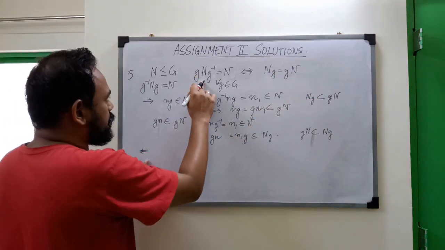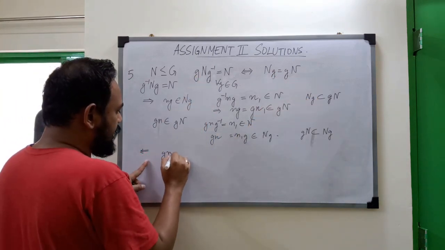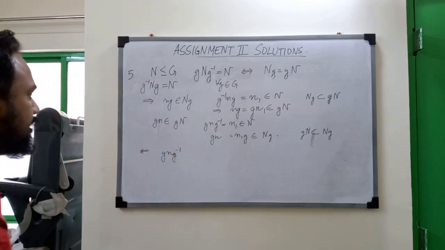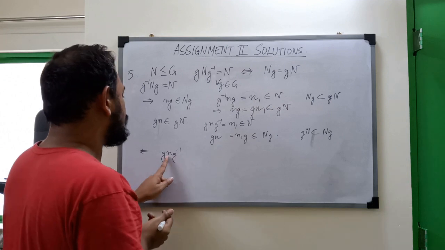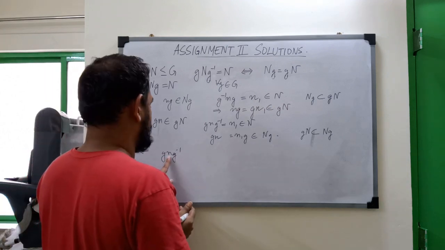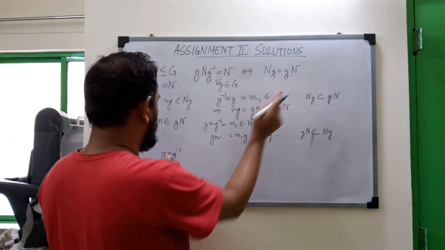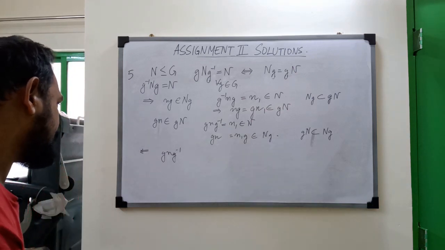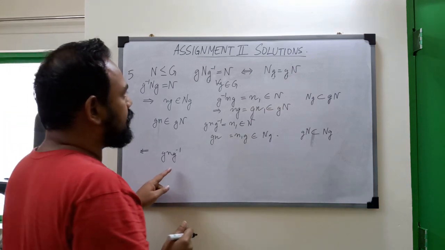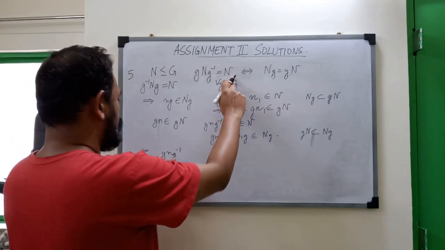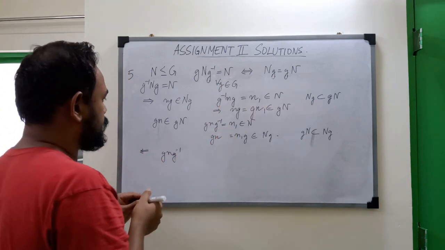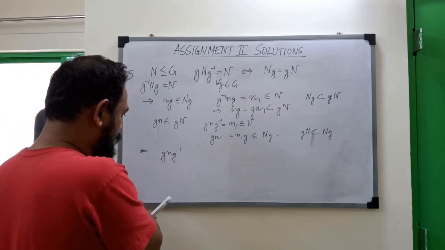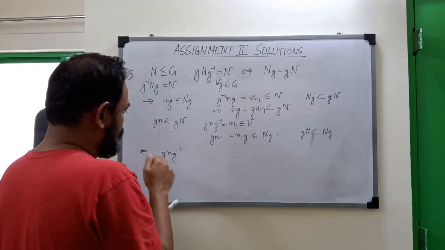Then an element of this should look like gng inverse. Now we have to show that it's an element of capital N. How do we do that?